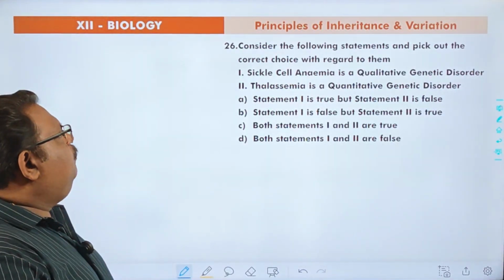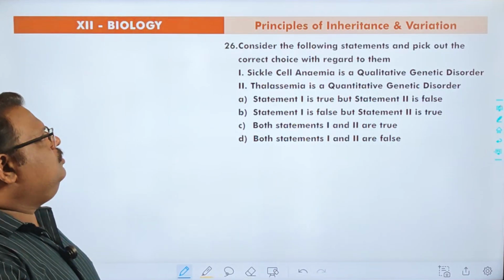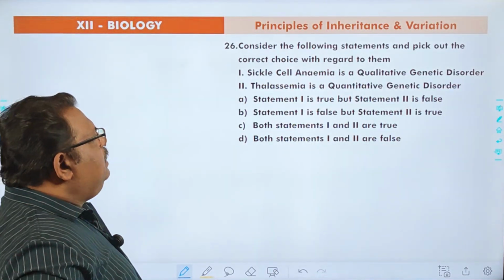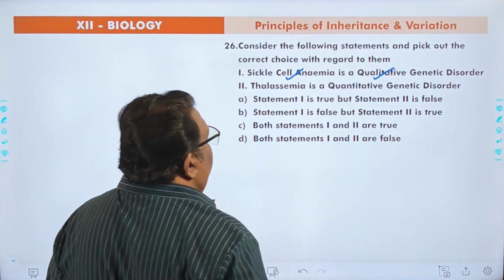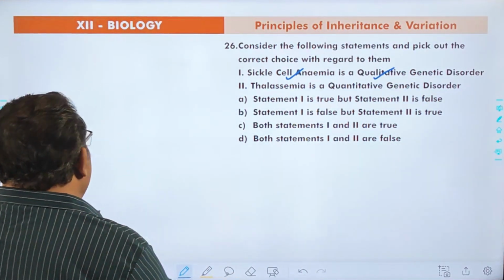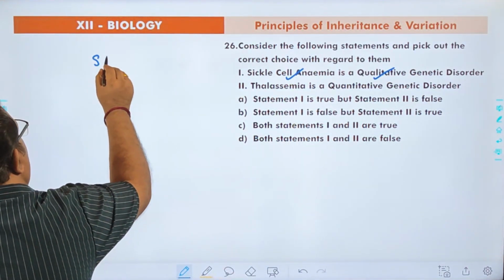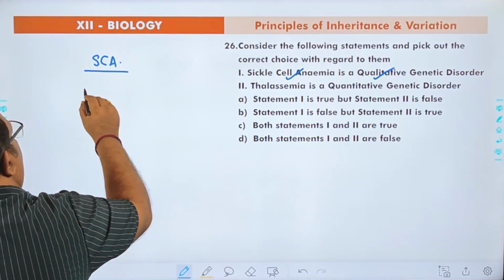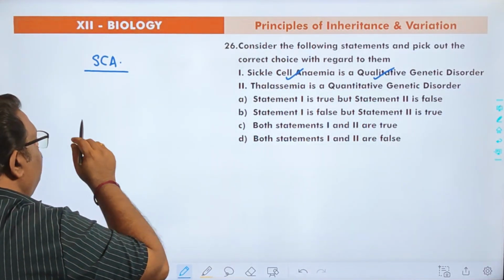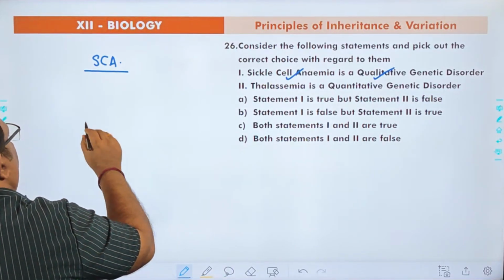Next one. Consider the following statements and pick out the correct choice with regard to them. Sickle cell anemia is a qualitative genetic disorder. In sickle cell anemia, there is a change in the quality of the hemoglobin.